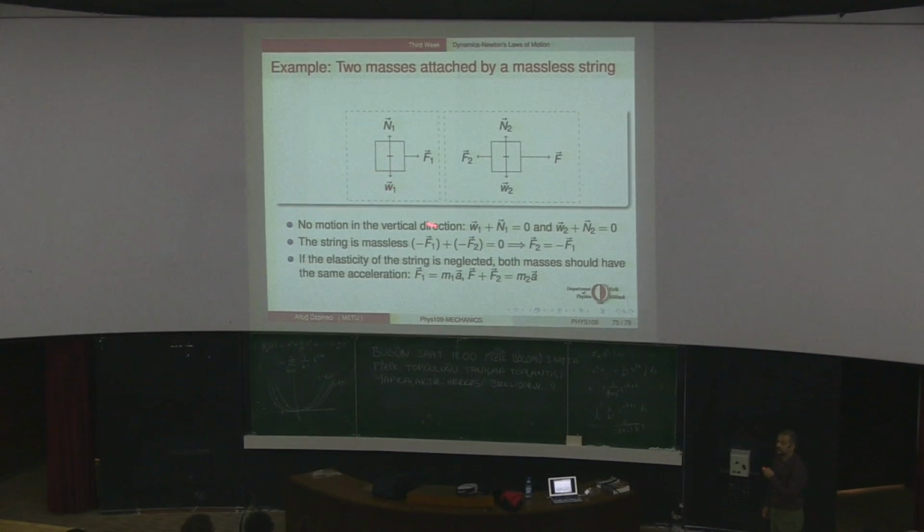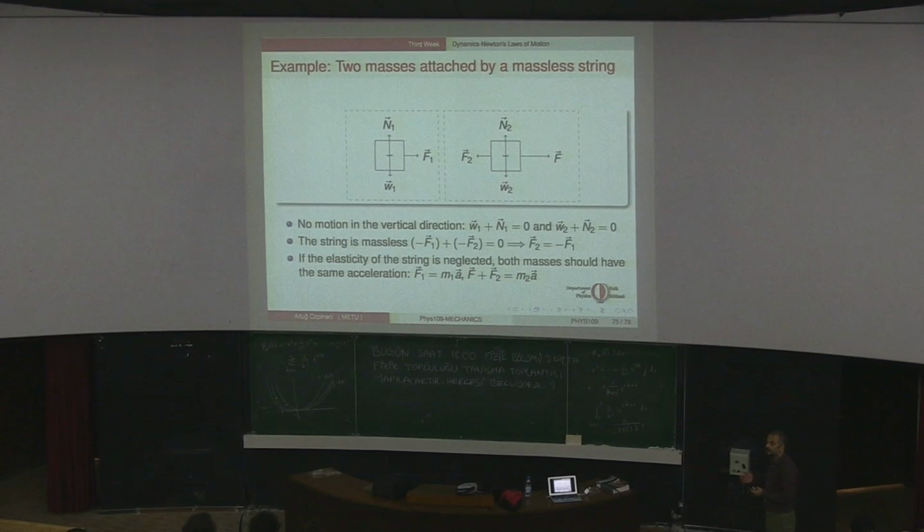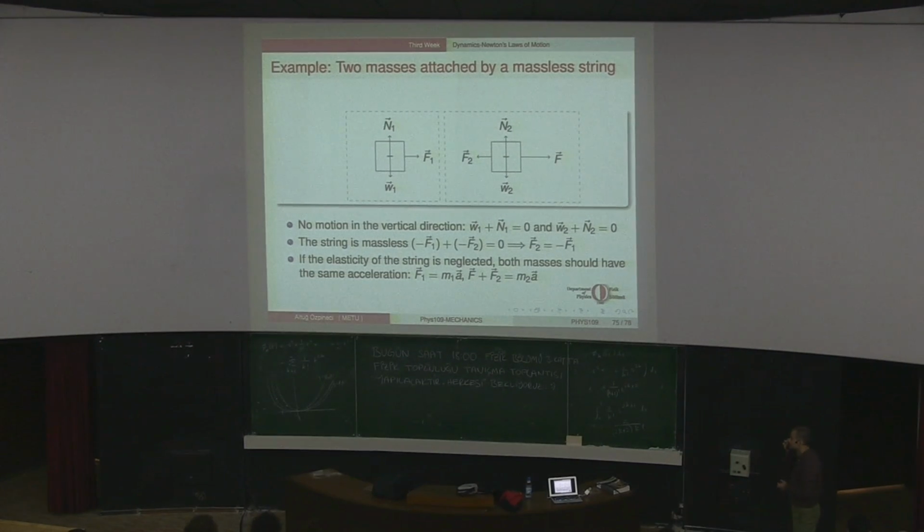But if their displacements are exactly equal at all times, it just means that their velocities are equal at all times, because velocity is nothing but displacement over time. So equal displacements mean equal velocities. If the velocities are equal at all times, then their accelerations have to be equal, because acceleration is nothing but the rate of change of velocity. So if velocities are always changing by equal amounts, then acceleration should be the same. So the accelerations of these two masses are the same.